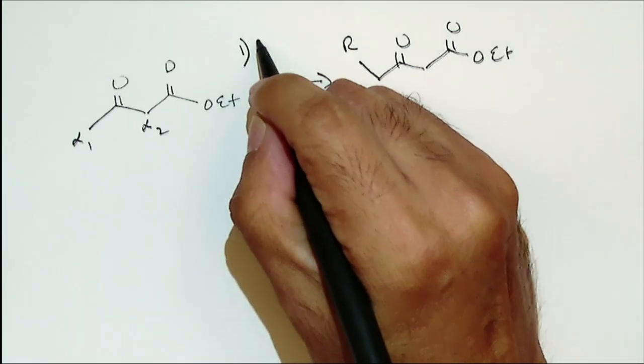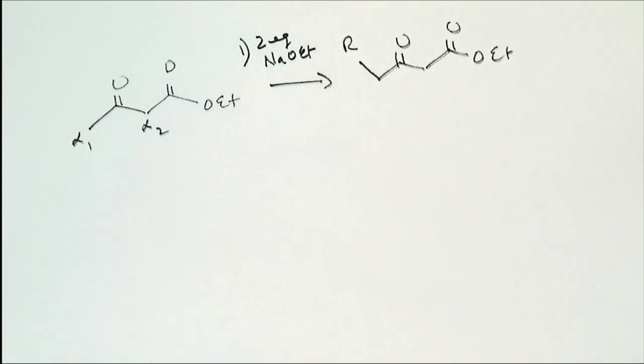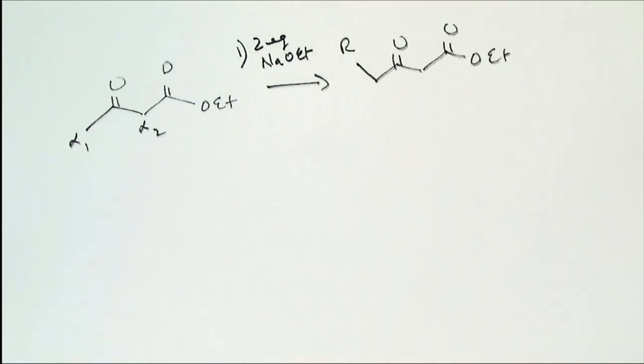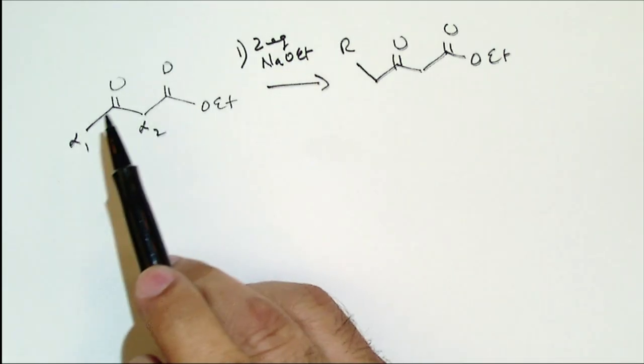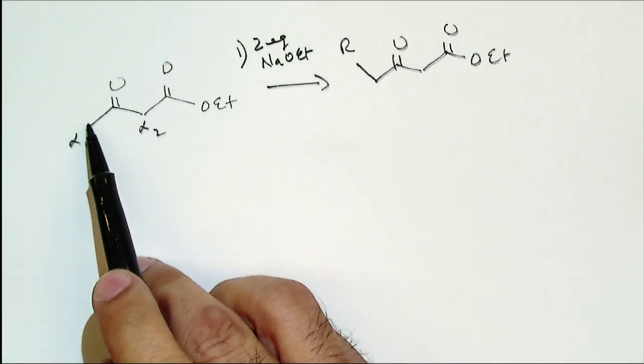What I would do is use 2 equivalents of sodium ethoxide. You will notice by now that I've always been putting 1 equivalent. By using 2, you first deprotonate the alpha 2, but the second equivalent deprotonates here, at the alpha 1 position.